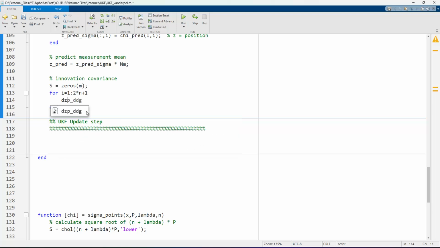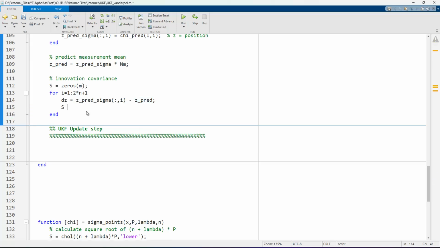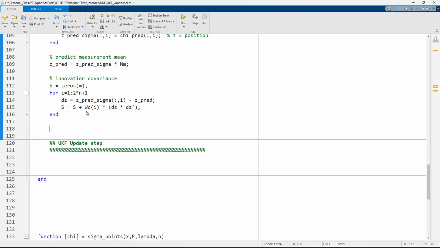the dz is equal to the what? Z pred sigma i minus Z pred. It's the error. And so S is equal to S plus Wc i times dz times dz transpose. Okay? And after that, S must be added with what?